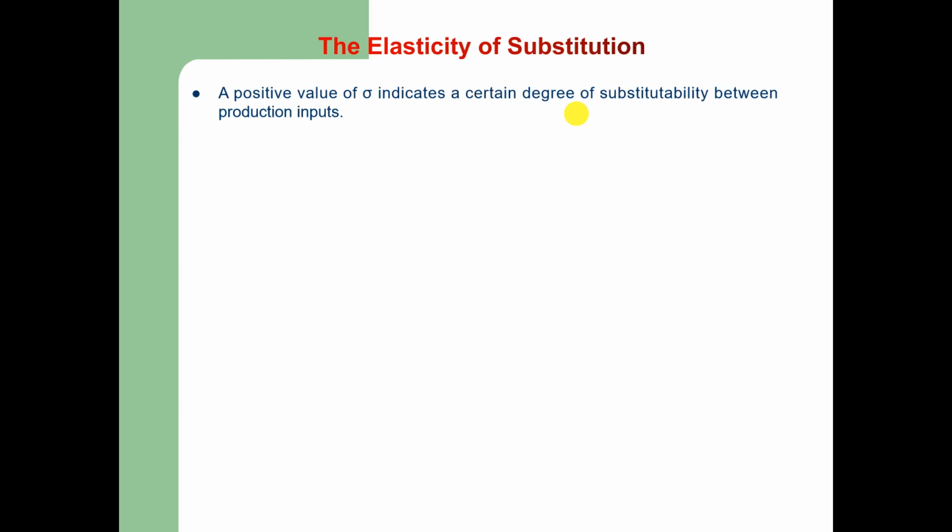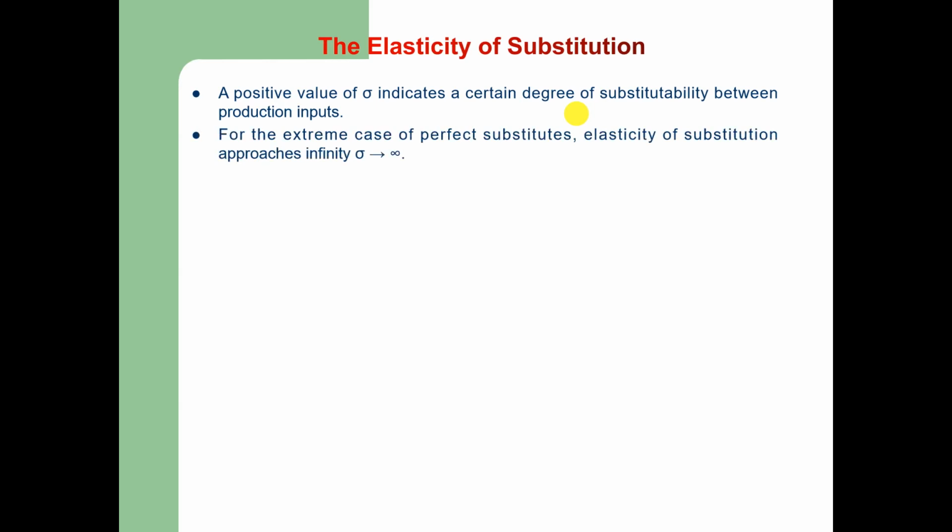There is some degree of substitutability between the two inputs involved. For the extreme case of perfect substitutes, when the two inputs are perfectly substitutable, the elasticity of substitution approaches infinity. So in case the isoquants are a straight line, the substitution between the two inputs is infinite.